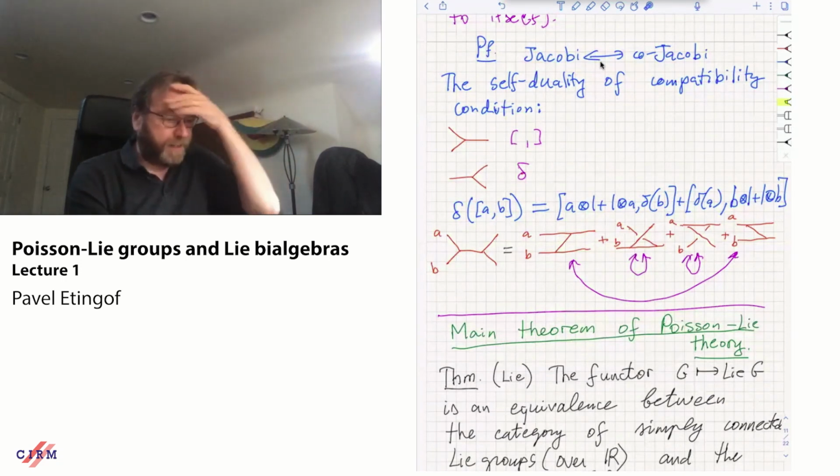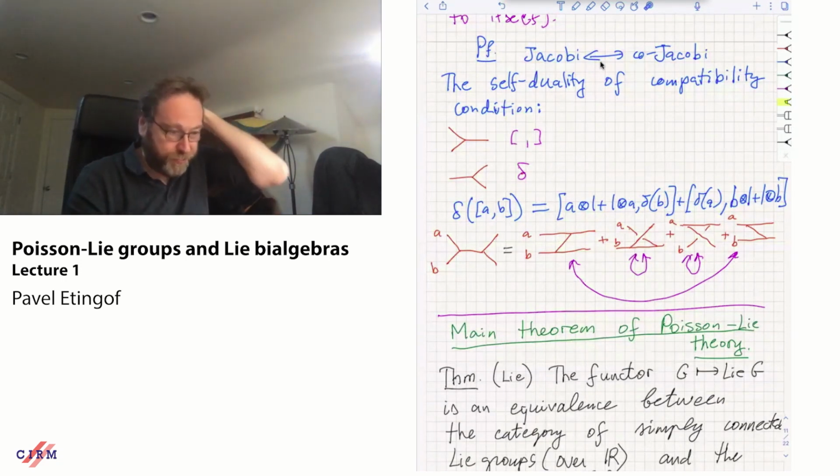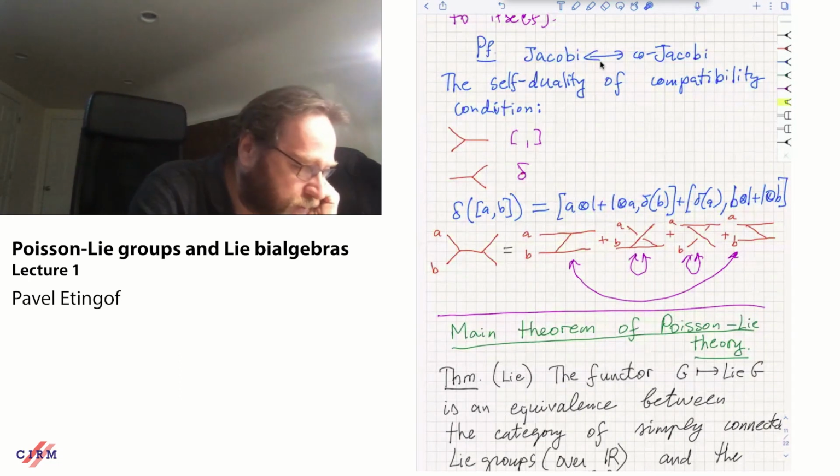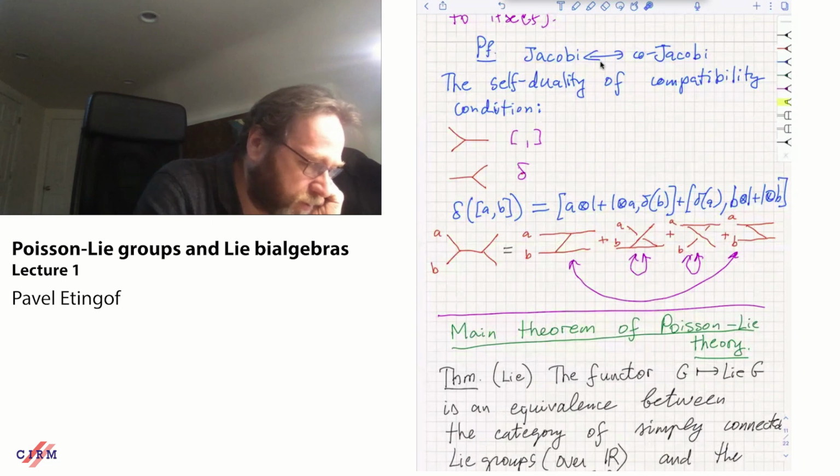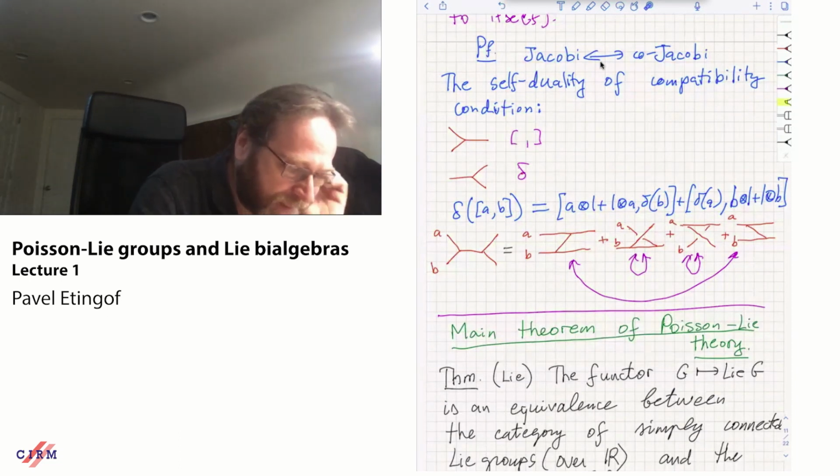So I'm going to denote everything by pictures, where the bracket is denoted by this picture here, and the cobracket is denoted by this picture here. And exchanging bracket and cobracket is just a reflection with respect to the vertical axis.